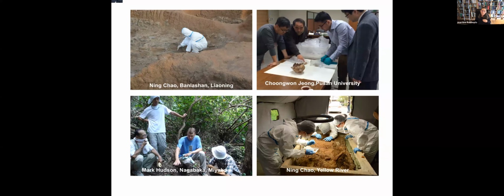So here you see, for instance, our archaeologist Mark Hudson at his site on the southern Ryukyus, Nagabaka, on Miyako Island, and our geneticist Ning Chao, more or less incognito, here on the Banlashan site in Liaoning, and here on the site of the Yellow River. And this is Chung Won-jong, a geneticist with whom I went to Korea to sample a petrous bone of this Bronze Age Korean individual.